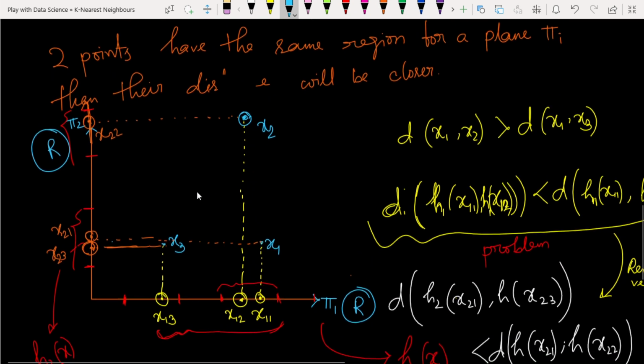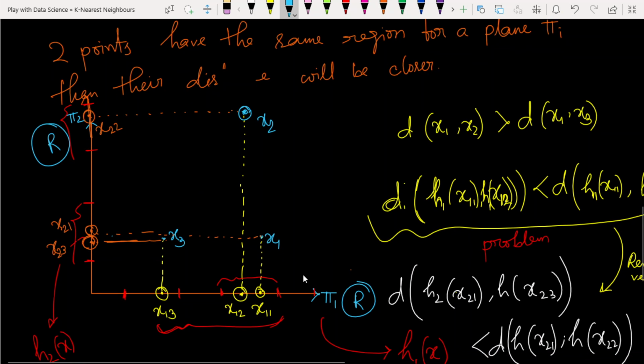Because you have randomly chosen this plane, if for some plane a point is misclassified, by another plane it will be properly classified, because you have chosen this plane randomly.